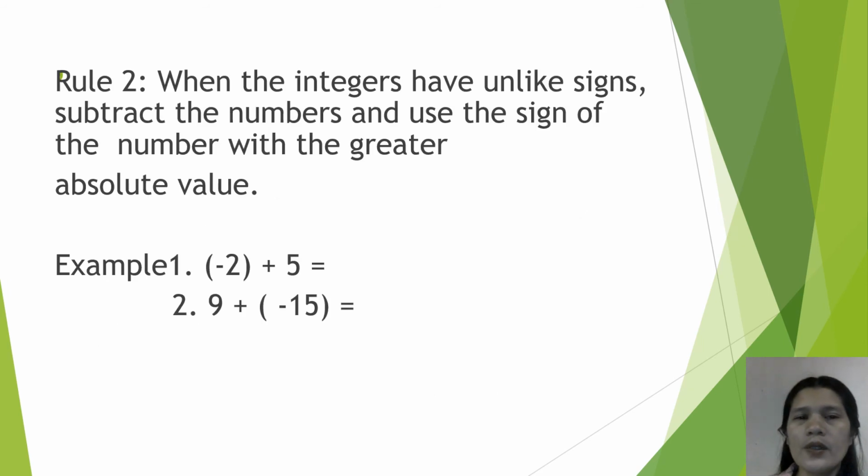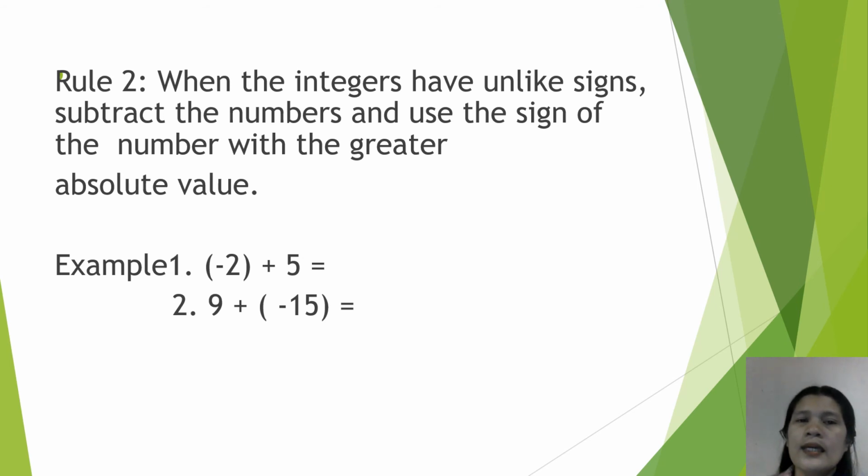The second rule is when the integers have unlike signs, subtract the numbers and use the sign of the number with the greater absolute value.